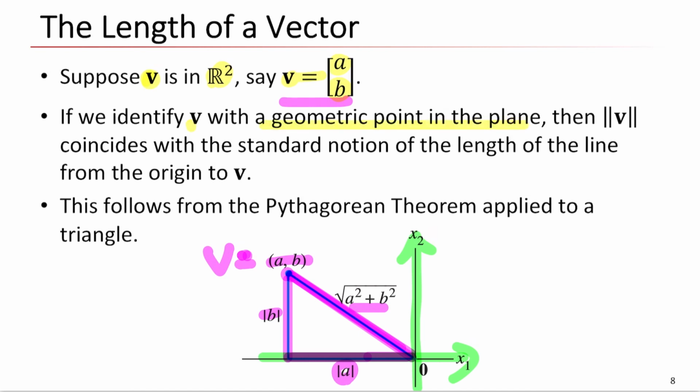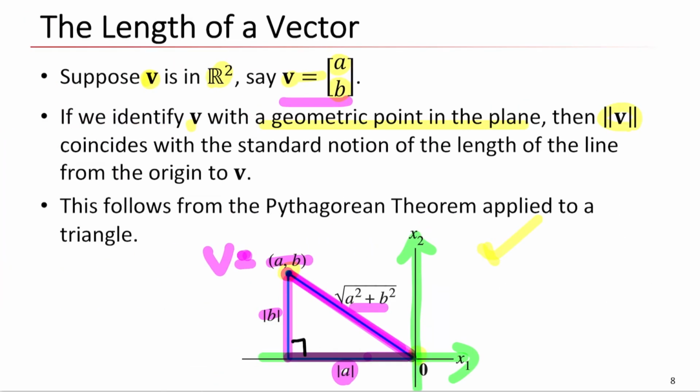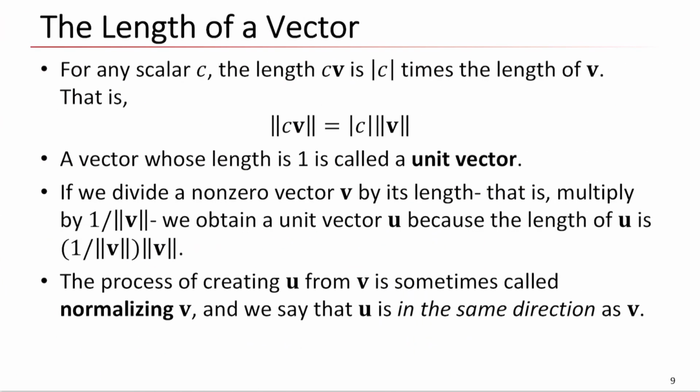If we define v as a geometric point in the plane, then the length of v coincides with the standard notion of the length of the line from the origin to v, which follows from the Pythagorean theorem applied to the triangle, because these two lines are perpendicular. This is the intuition of the length of the vector.